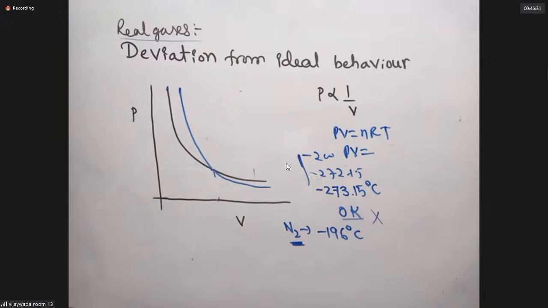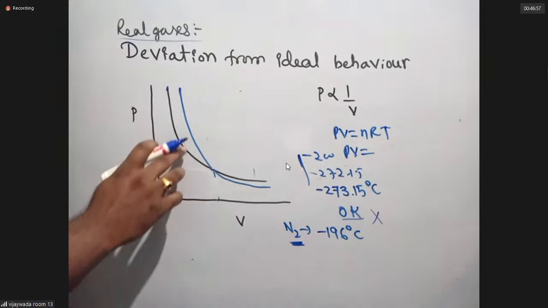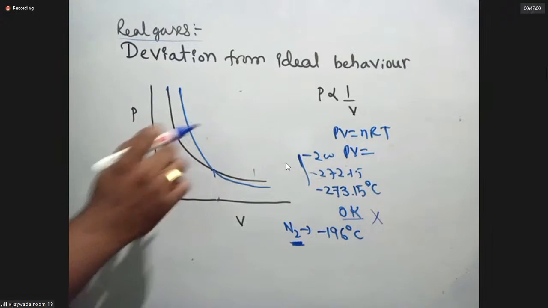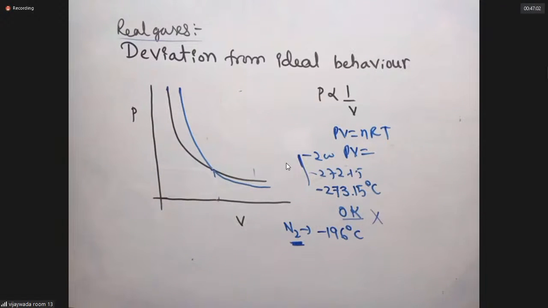What I'm trying to say is, Boyle, Charles, and Gay-Lussac did very good experiments, no doubt. But those conditions are applicable to particular values. I mean, pressure is inversely proportional to volume, yes. But if you apply it to a particular gas, the ideal condition is different from the real condition.